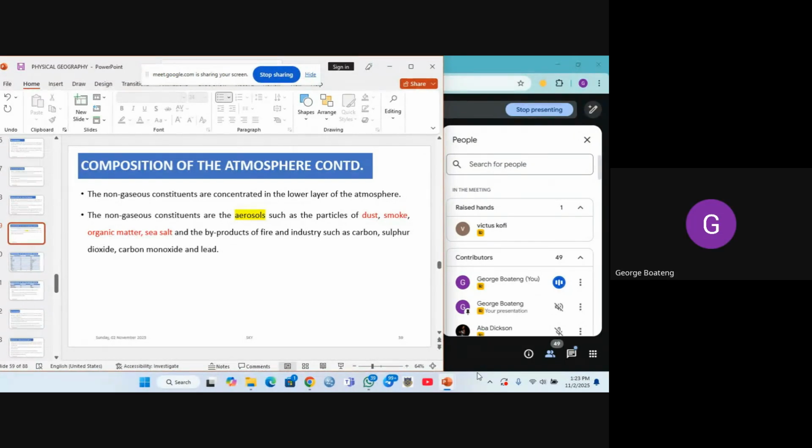Okay. When you mention aerosols, we are talking about a suspension of fine, solid particles that we have in the atmosphere. Someone will ask, why then do we have smoke?